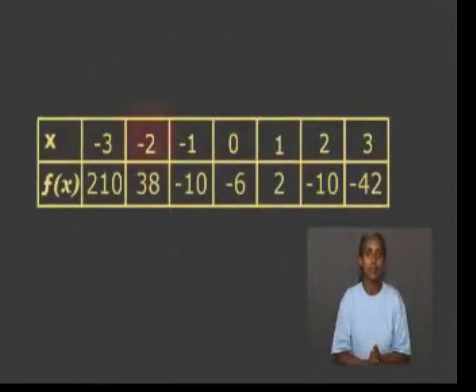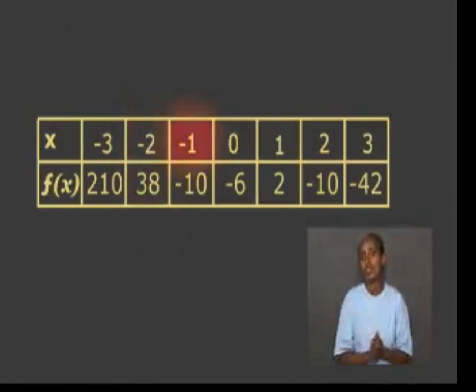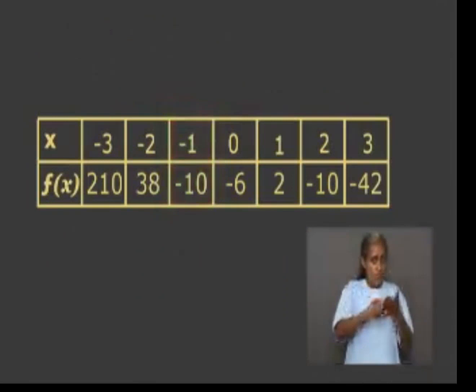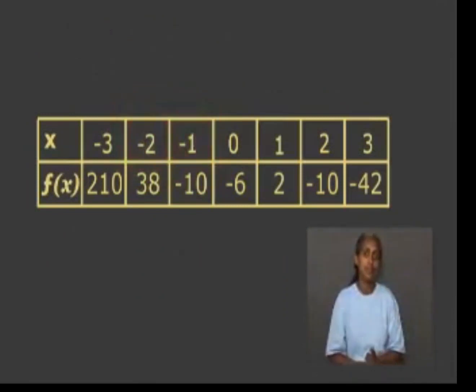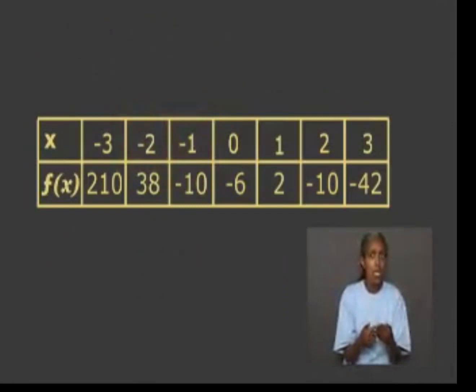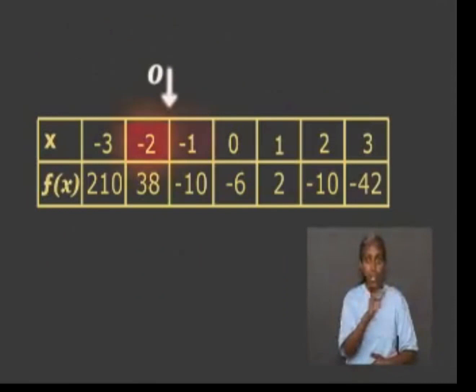F of -2 is a positive integer, and f of -1 is a negative integer. We can see that the value of f of x changes from positive to negative between -2 and -1. Therefore, by the location theorem, there is a zero of f of x between x equals -2 and x equals -1.